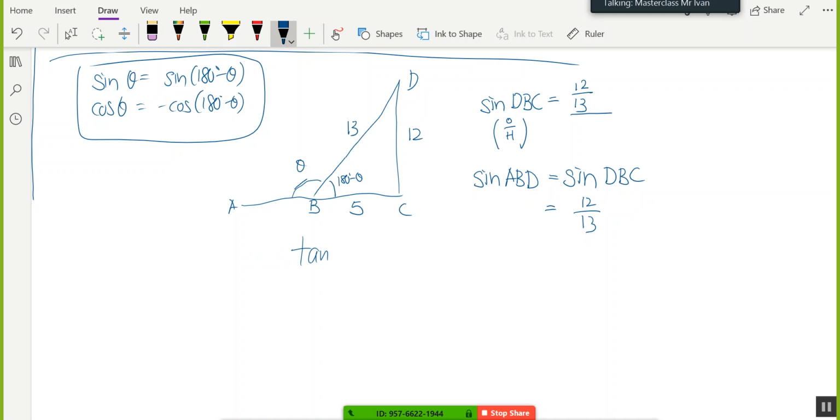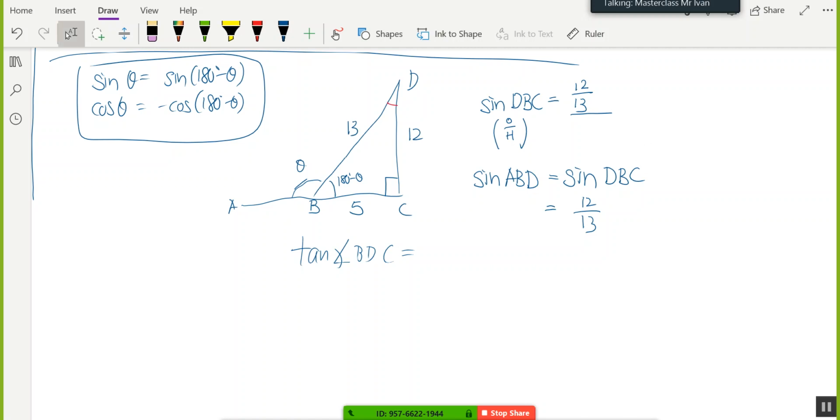So Megan, can you tell me what is the tangent of angle BDC? Sorry, I don't want DBC, I want BDC. Jerome, also think about it first. Is it a right angle? This one is definitely a right angle, if not you cannot use it. Where is BDC?